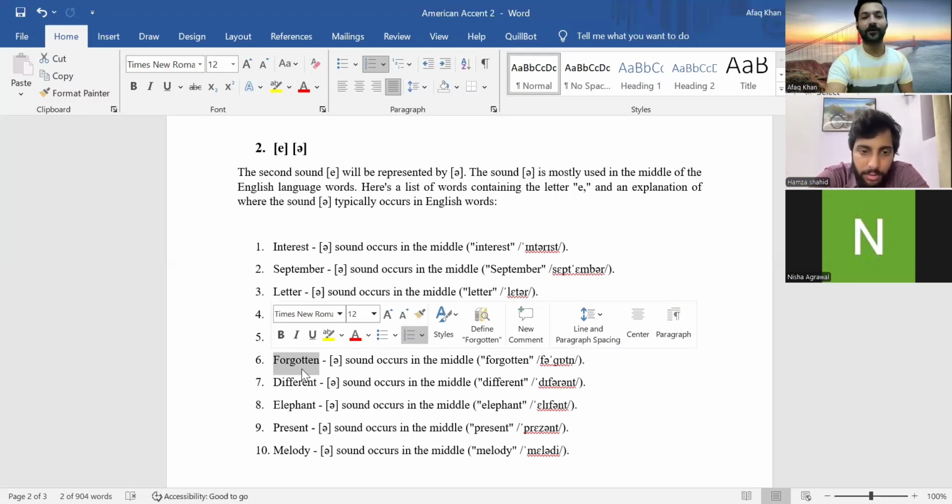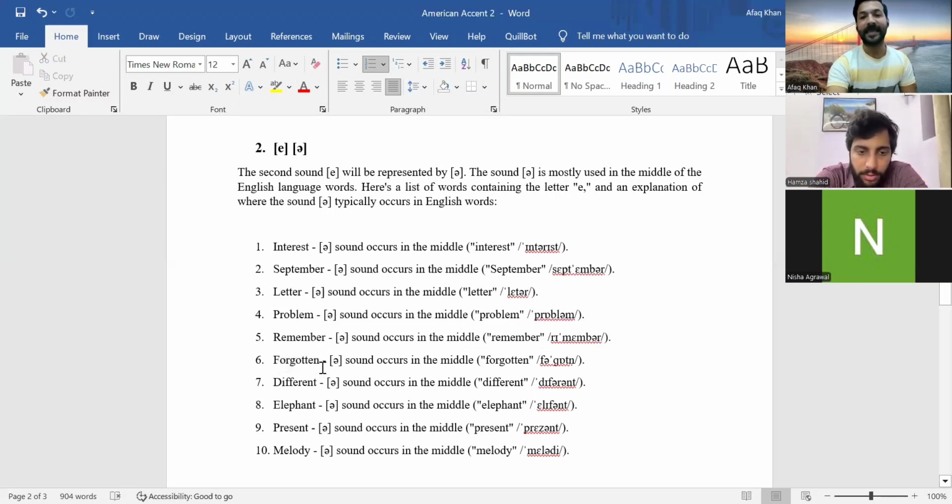Okay, so here, double T, E, N, right? It isn't like forgetting or forgotten. We don't say it like this because it sounds weird, right? It doesn't feel right.